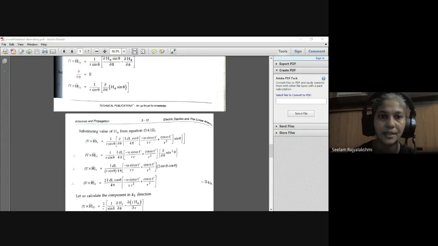So del cross H in the r direction equals 1 by r sin theta, dou by dou theta of (I dl sin theta by 4 pi) times (minus omega sin omega t dash by r nu plus cos omega t dash by r square) into sin theta.